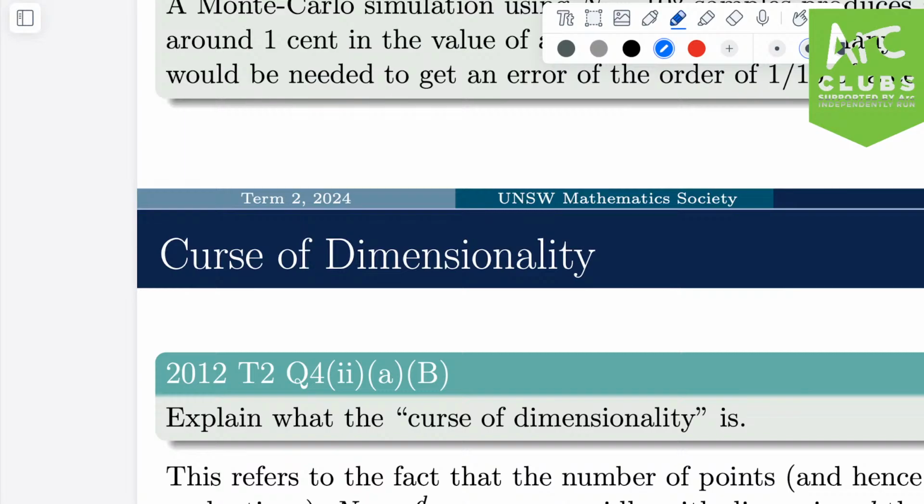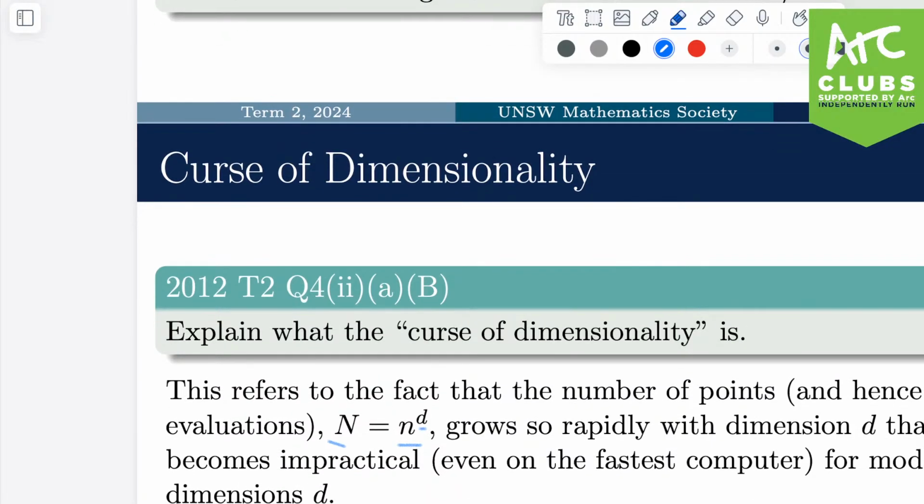So this is what we call the curse of dimensionality. N grows very fast with d, right? So even in two dimensions, you need a lot of points, but you actually don't have that many points. So when the dimension becomes too large, your approximation becomes very inaccurate, because you don't have enough points to tell you what the approximation truly is.